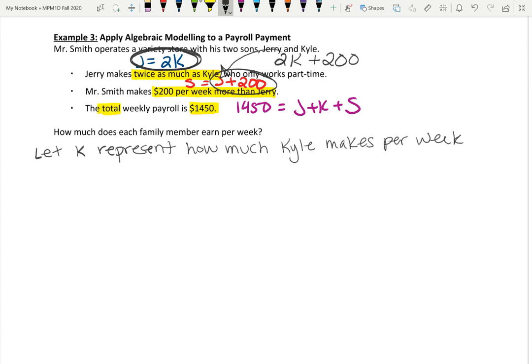The total would be Kyle plus Jerry, which is 2 Kyles, plus Mr. Smith, that's 2 Kyles plus 200.